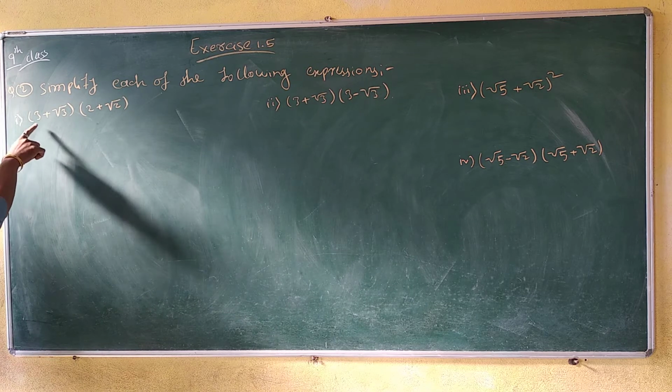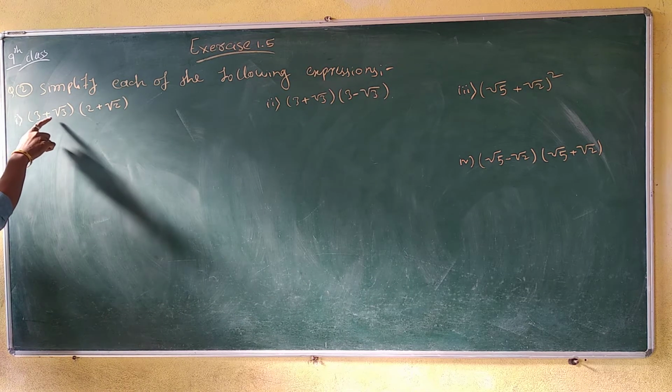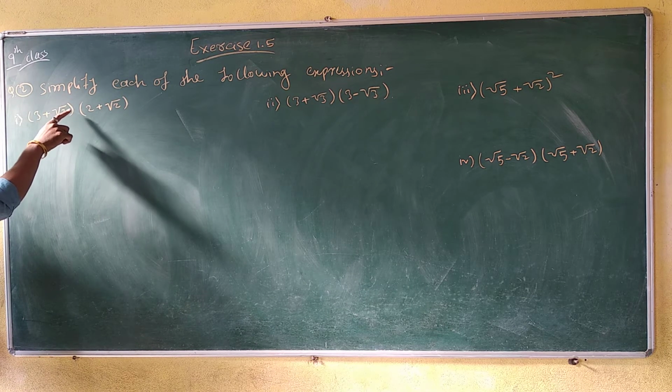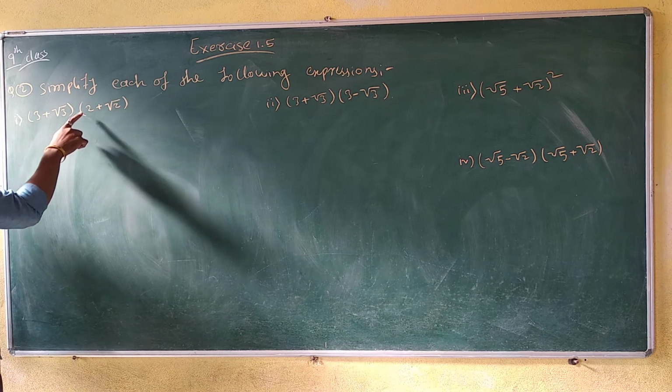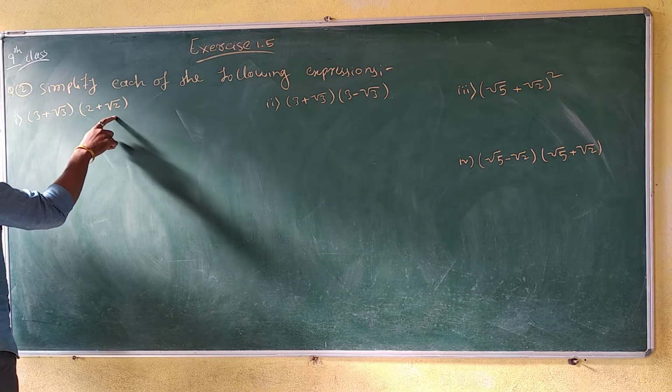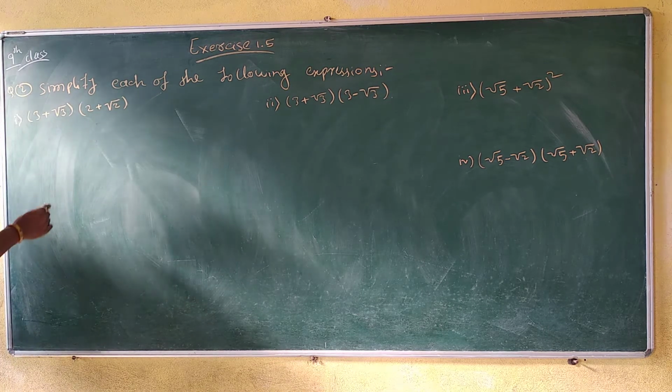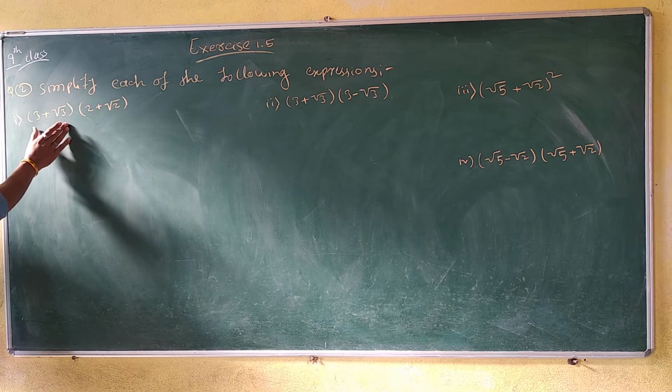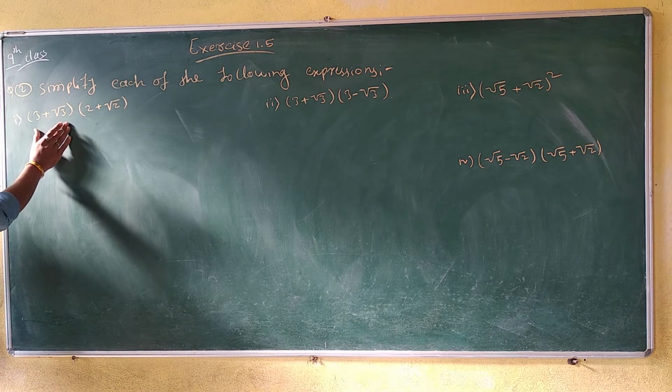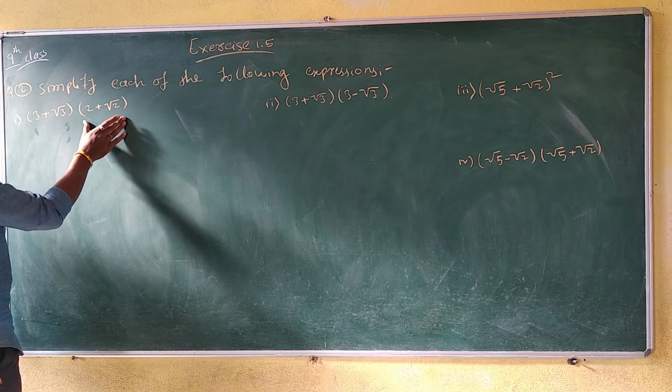See here, in one bracket 3 plus root 3, in the other bracket 2 plus root 2, which means this set of two terms is multiplied by that set of two terms.